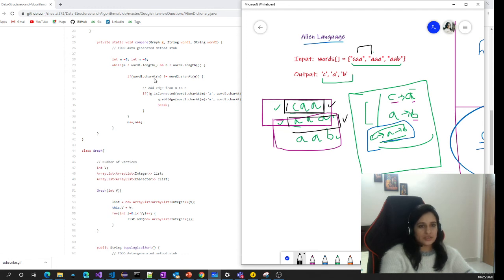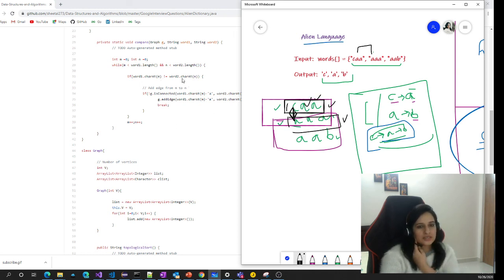In the loop, it compares the characters of word 1 and word 2. If they are the same, it just continues to the next character.